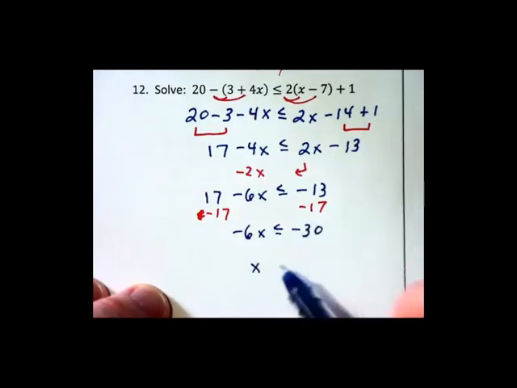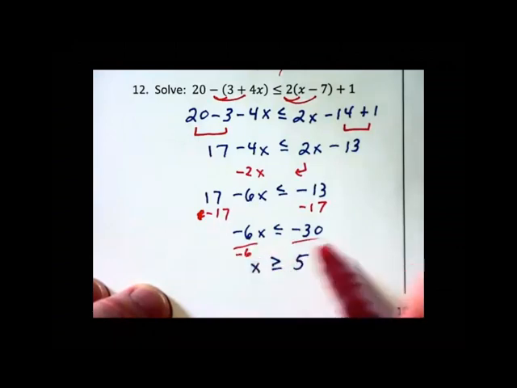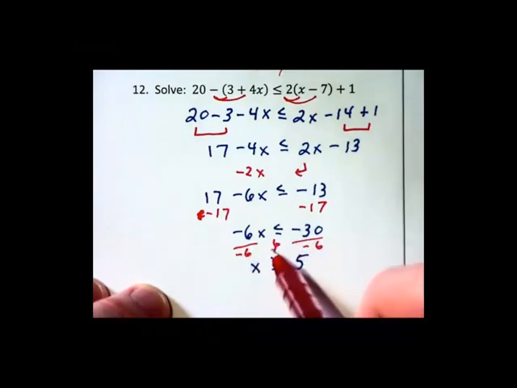And whenever we divide each side of the inequality through by a negative, we change the direction of the inequality around. So be very careful right there in the center of the problem that you switch that from a less than or equal to a greater than or equal to.